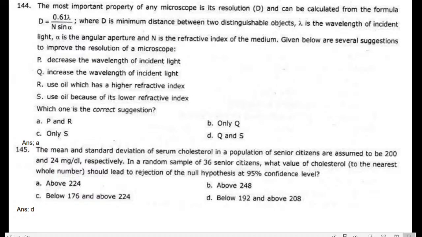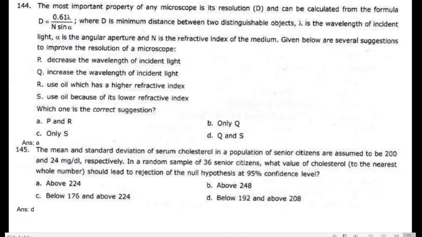Resolution is denoted as D and can be calculated from the formula D = 0.61 lambda / (n sin alpha). Here D is the distance between two distinguishable objects, lambda is the wavelength of the incident light, alpha is the angular aperture, and n is the refractive index of the medium.